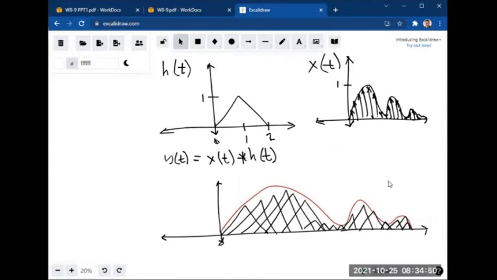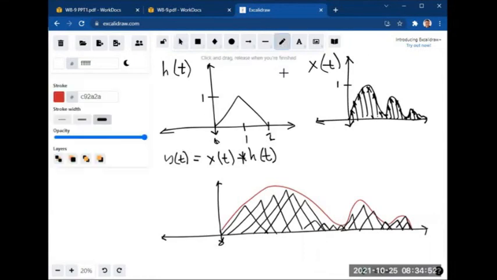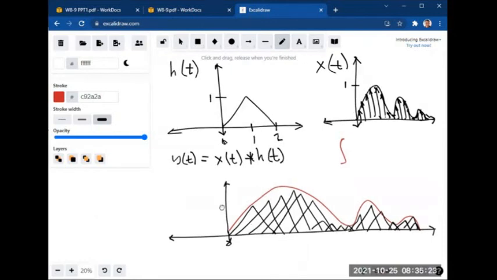So what again is the operation when we try to add a lot of entities? We have the summation, and integration is also a summation. So in this case, we have the summation of all the convolution that is happening between our signals.